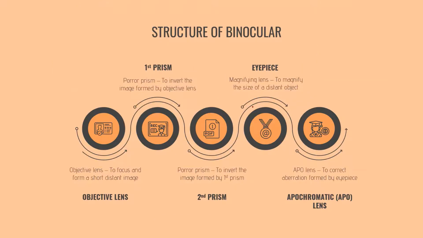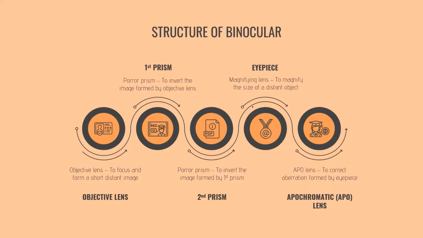And here are a few functions of the different lenses of a binocular. The first is the objective lens. The objective lens is to focus and form a short distance image, while the first prism, the polar prism, is to invert the image formed by the objective lens.